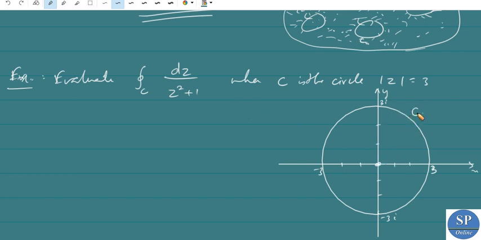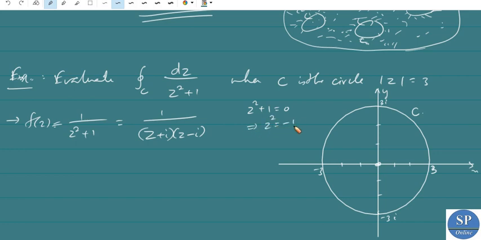Now here our f of z is nothing but 1 by z square plus 1. This can be represented as 1 by (z plus i) into (z minus i), because z square plus 1 equal to 0 implies z square equal to minus 1, that is z is equal to plus or minus the square root of minus 1, which is plus or minus i. So z equal to i and z equal to minus i are the roots of z square plus 1 equal to 0.